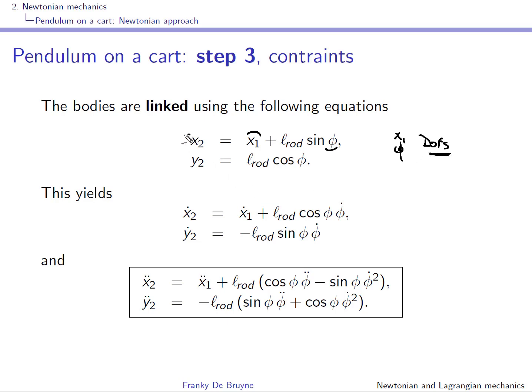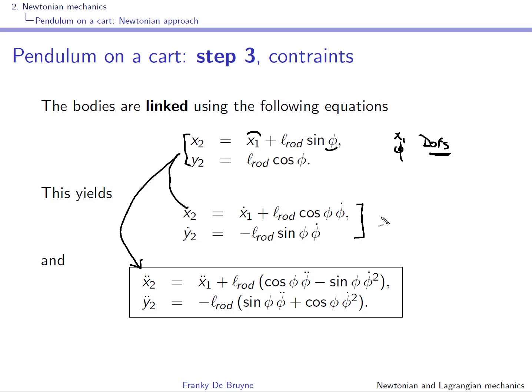So if you have a link between these variables, you also have links when you take derivatives, okay? So if you take the derivative on both sides of these two equations, you obtain this thing here, right? There's nothing particular about taking these derivatives, so I won't go into the details, right?